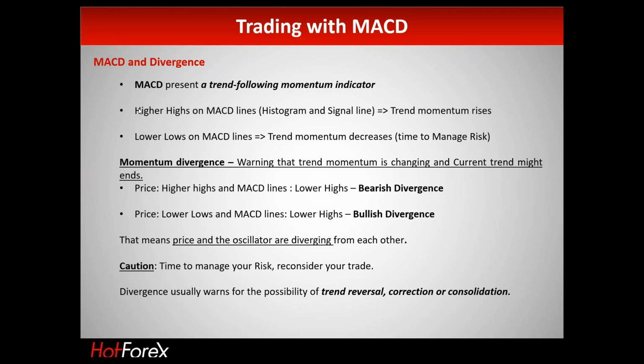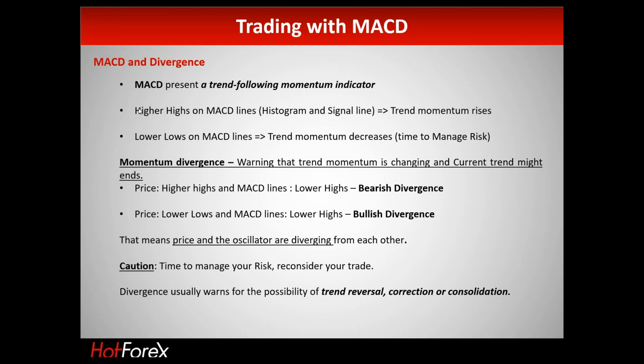As we already said, and hopefully everyone understands it and has it in mind, if we see higher highs on MACD, the histogram and signal lines, then the trend momentum rises, increases. If our MACD lines are making lower lows, then it means that the momentum is decreasing. The trend momentum is decreasing.